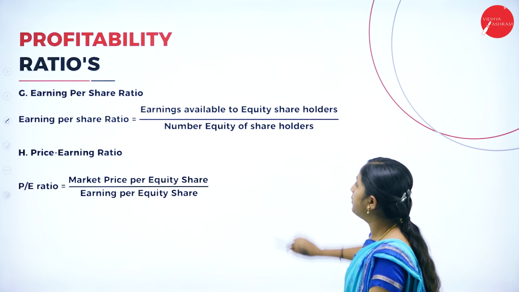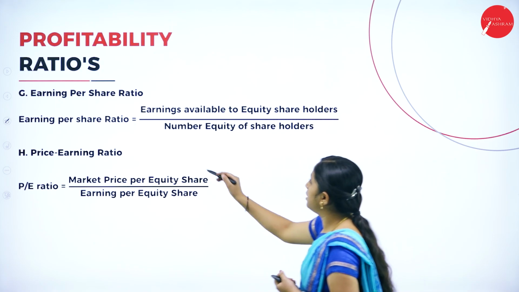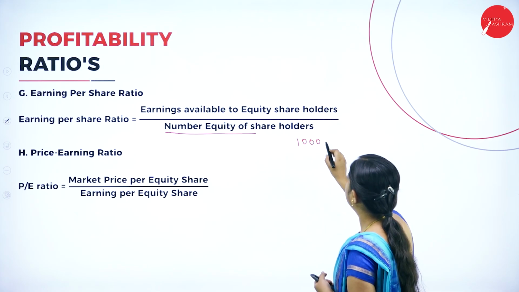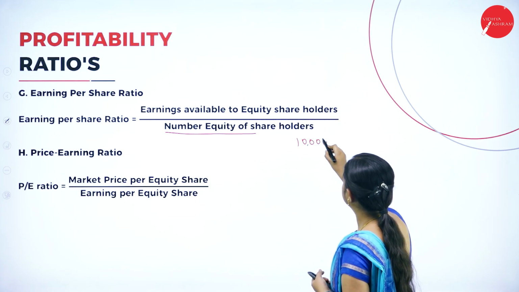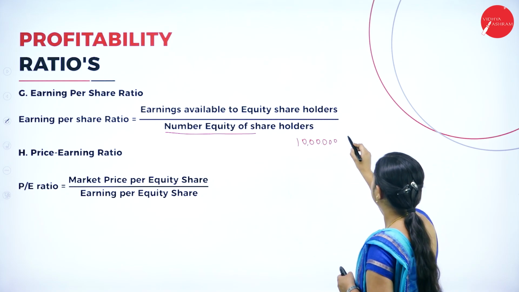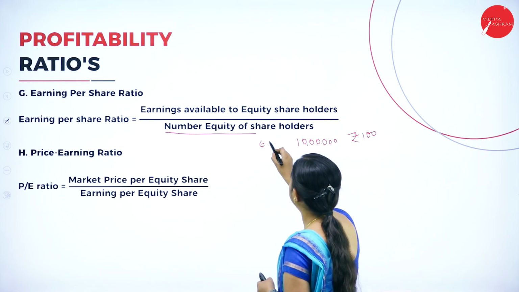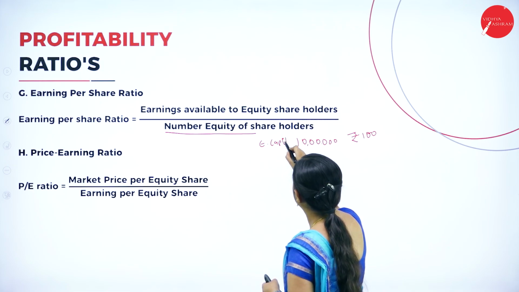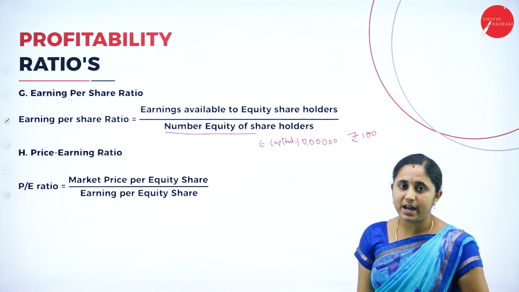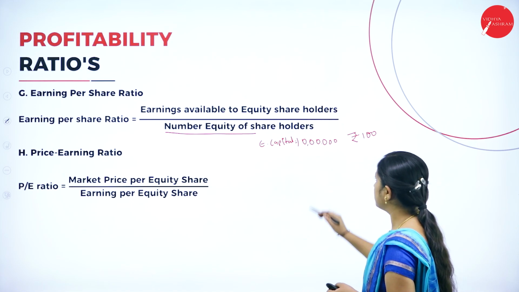If you want to know the number of equity shares and there is no information available about it, but they have given the total equity capital and face value, we know the face value of each share, but we don't know the number of equity shares. So that we can calculate.